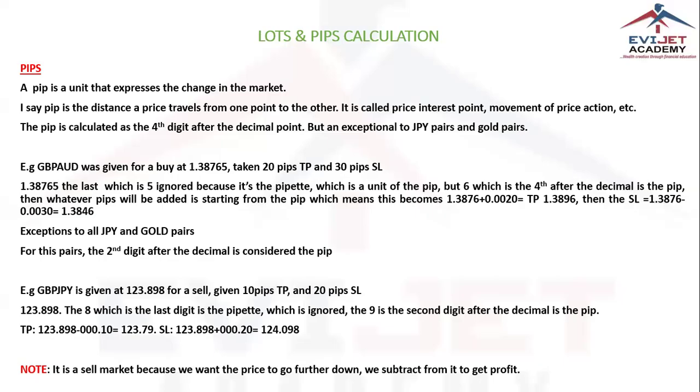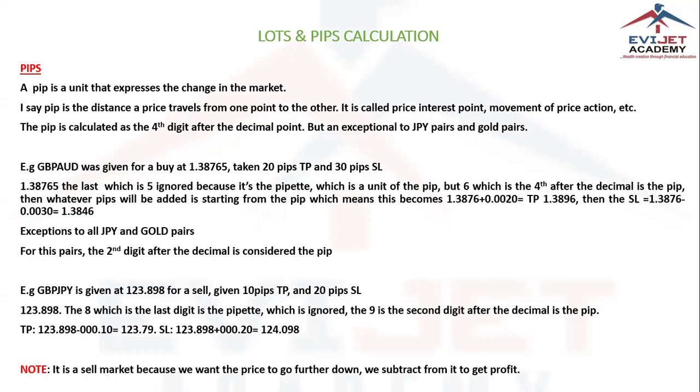So let's look at this. GBP AUD was given for a buy at 1.38765, taking 20 pips TP and 30 pips stop loss. So what this is telling you is that 1.38765 is the entry point and you are buying.